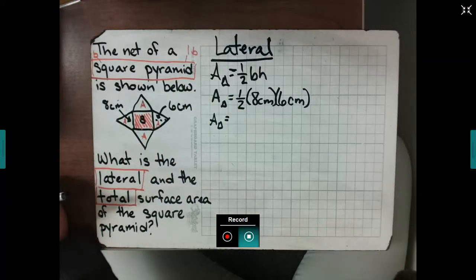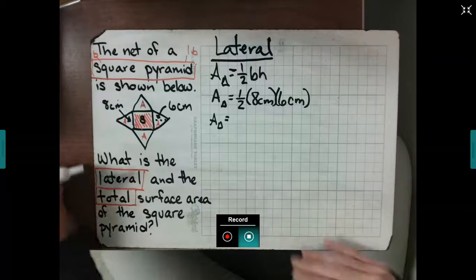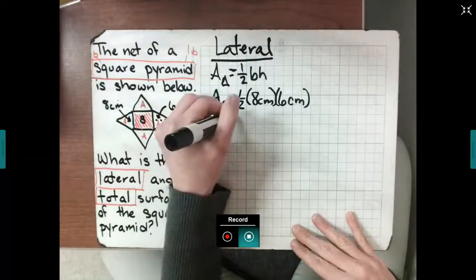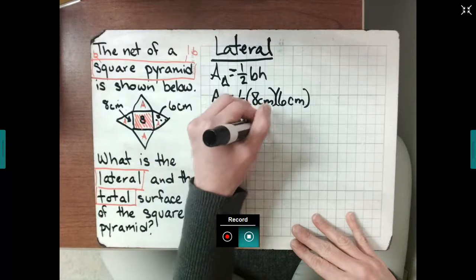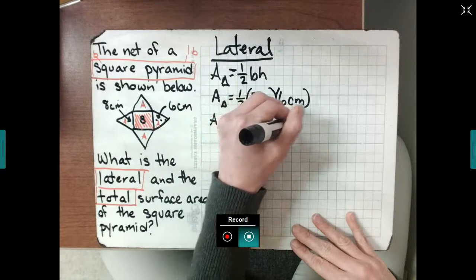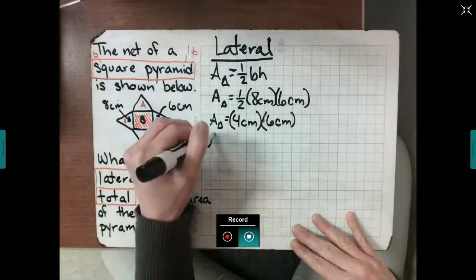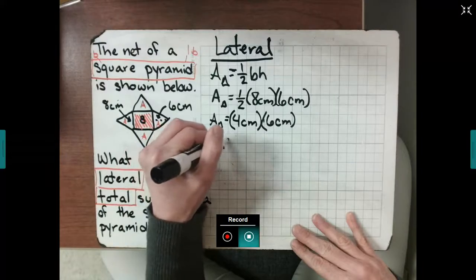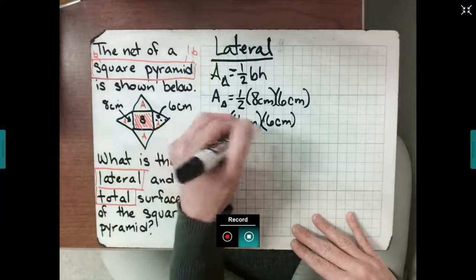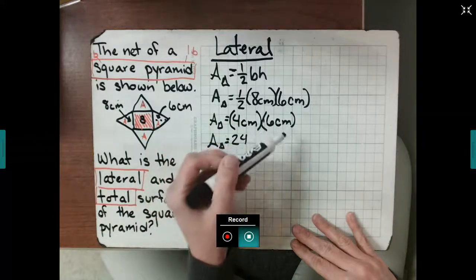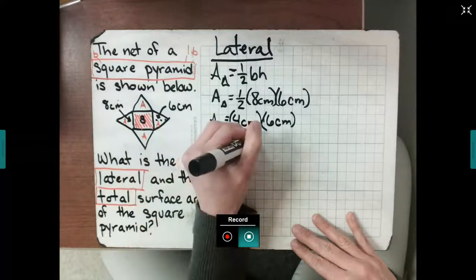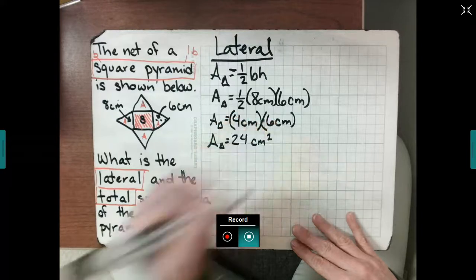Anything times 1/2 is the same thing as dividing it by 2. So 8 divided by 2 is 4 centimeters. And I still have to multiply that by 6 centimeters. So my last multiplication is 4 times 6 is 24. Now you'll notice I'm doing centimeters times centimeters, so my unit now is centimeters squared.